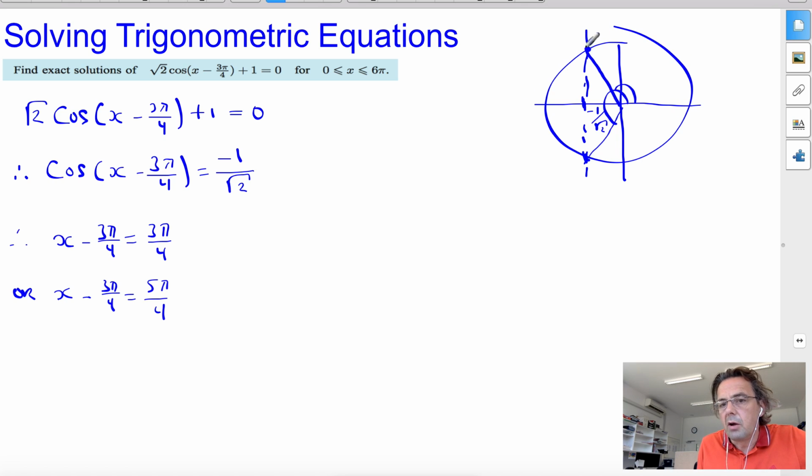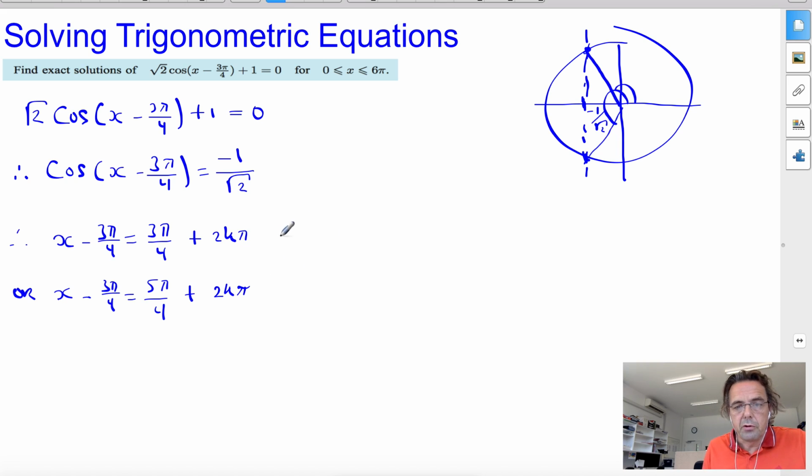Every time we go around, we come along that solution there. So you can add 2 pi a k number of times, and k is like 0, 1, 2, 3. And here as well, 2 pi a k number of times, because every 2 pi the solution repeats itself. So that's what we call the general solution.